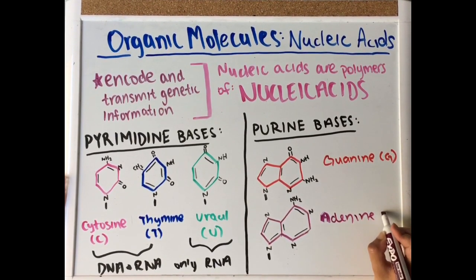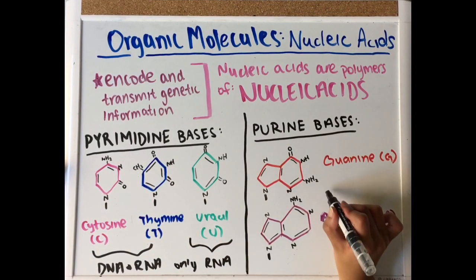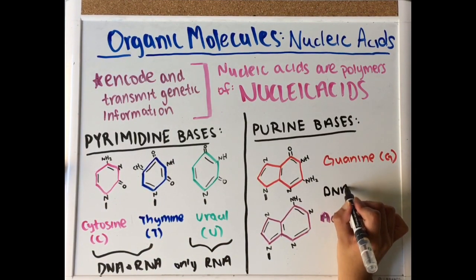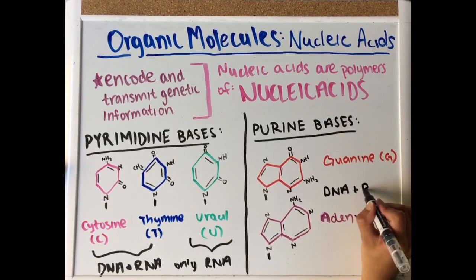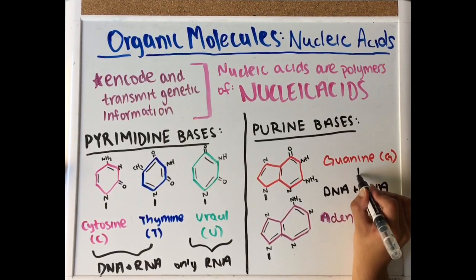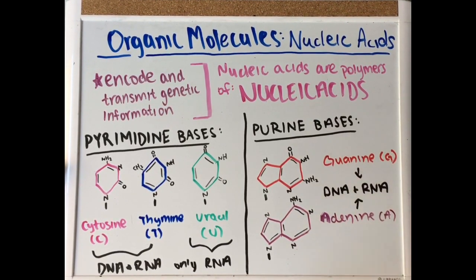And this is the A. And both of these are found in DNA and in RNA. So both of them are found in both sequences. And now that we've discussed that, we can talk about the phosphodiester bond and nucleotide sequences and how they make a double helix.